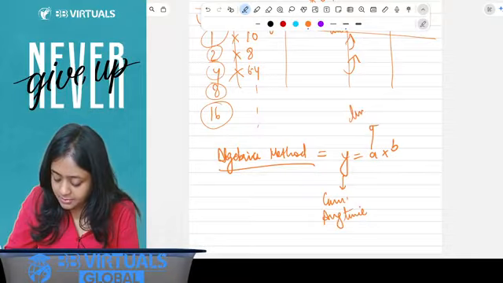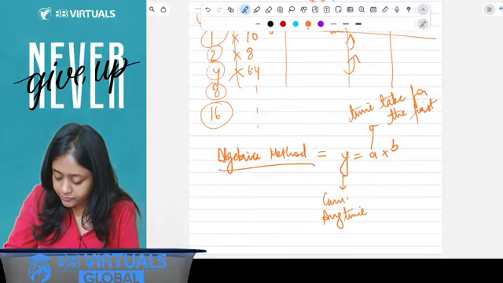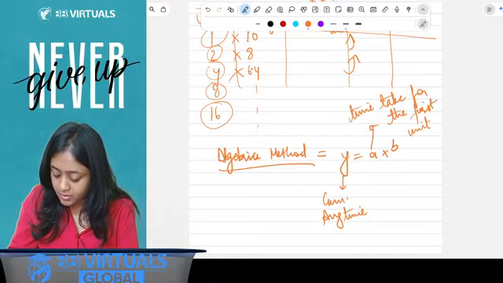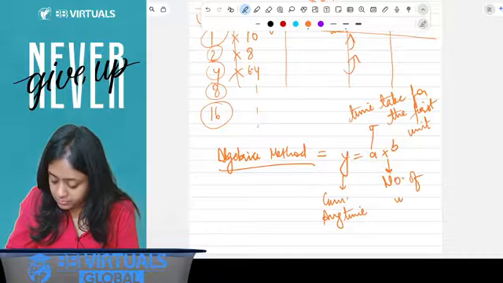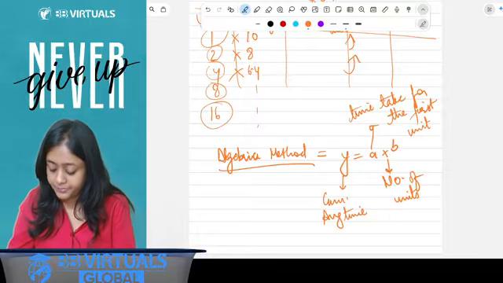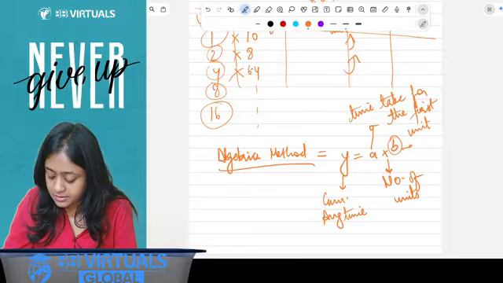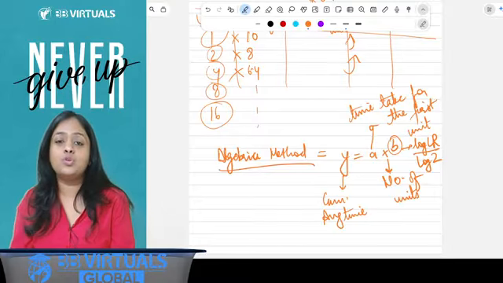A is the time taken for the first unit. And x is the number of units. Let's say the number of units is 3, so it will come 3. And b is log of learning rate by log of 2. 2 is fixed.